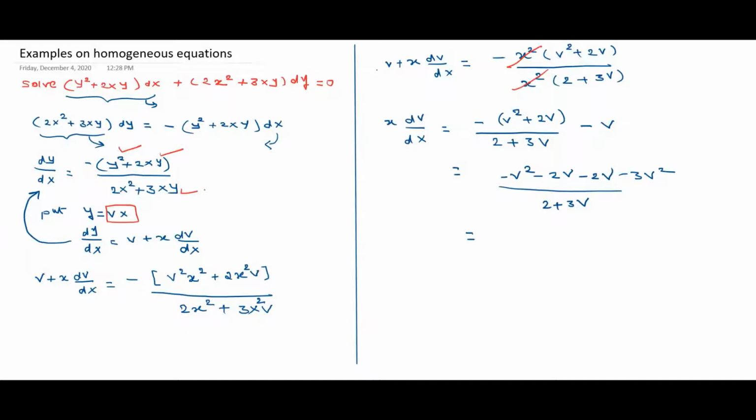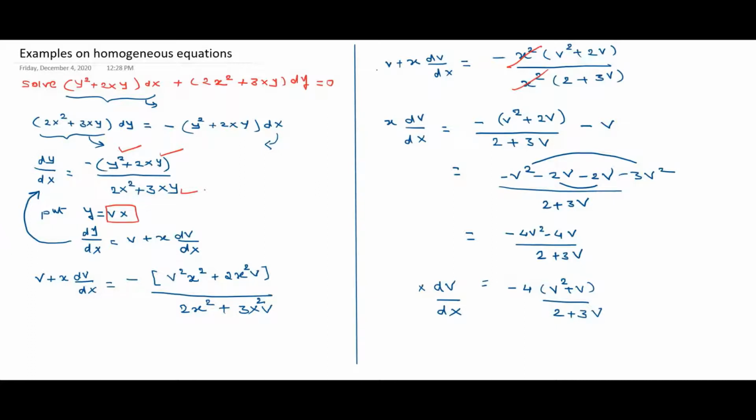So this is equal to, now minus v square and minus 3v square is equal to minus 4v square, and minus 2v and minus 2v is minus 4v, divided by 2 plus 3v. Here you can take minus 4 common. If you take minus 4 outside, we are left with (v square plus v) divided by (2 plus 3v), and on the left hand side we have x into dv divided by dx.